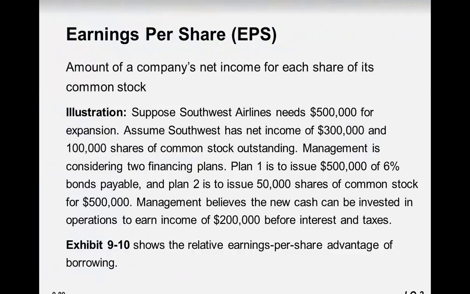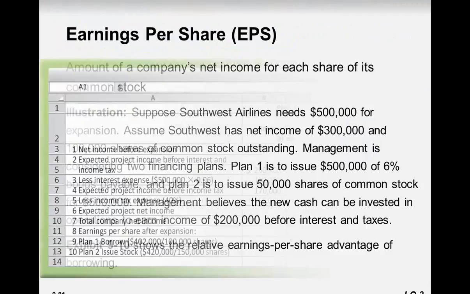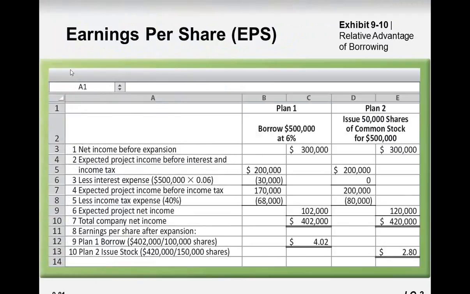So let's look at how this affects the relative earnings per share. The net income before expansion was $300,000, right? They're going to borrow $500,000 at 6%, or they're going to issue 500,000 shares of stock for $500,000. They expect to gain income before income tax of $200,000.